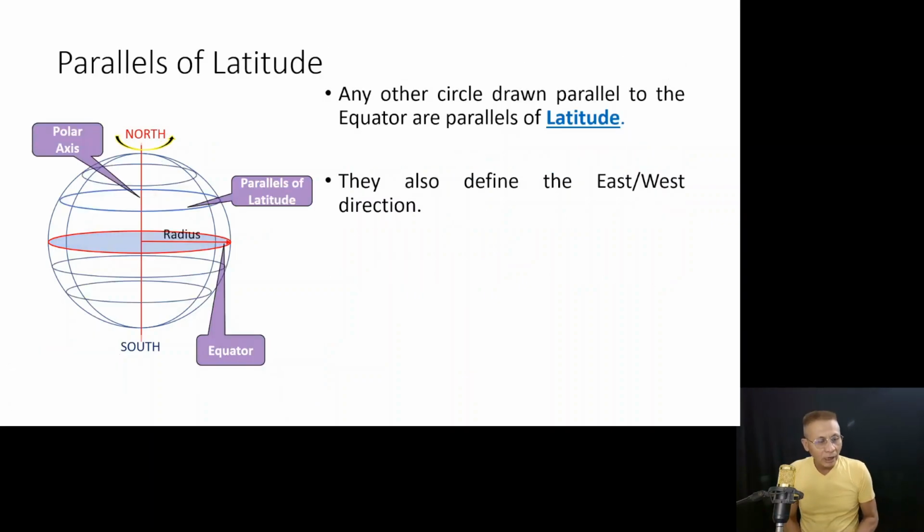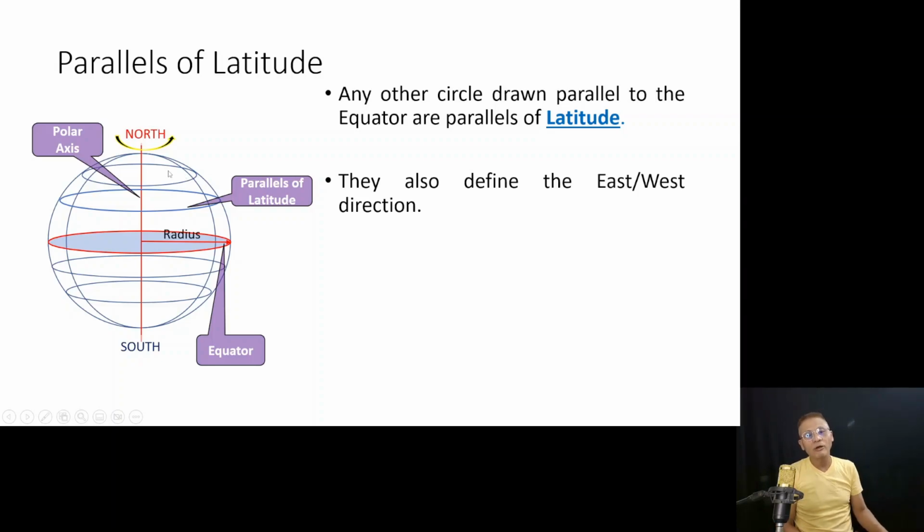Now another terminology which we have heard so often is the parallels of latitude. Once we have drawn the equator, that is the great circle which divides the earth into two equal halves and which is 90 degrees to the north-south axis, any other line which I can draw parallel to the equator will be a small circle.